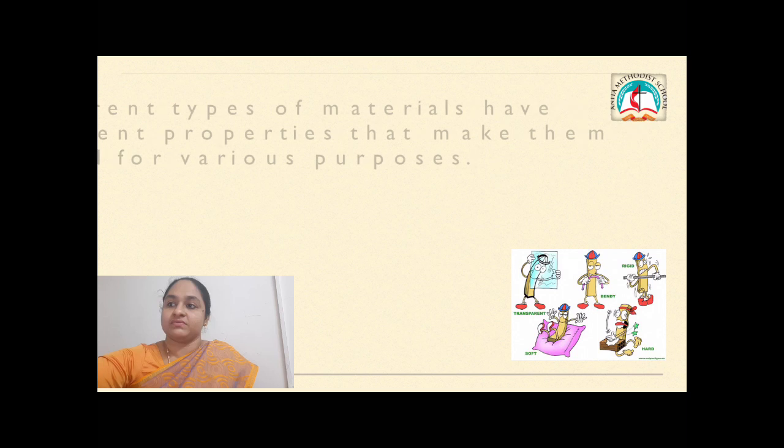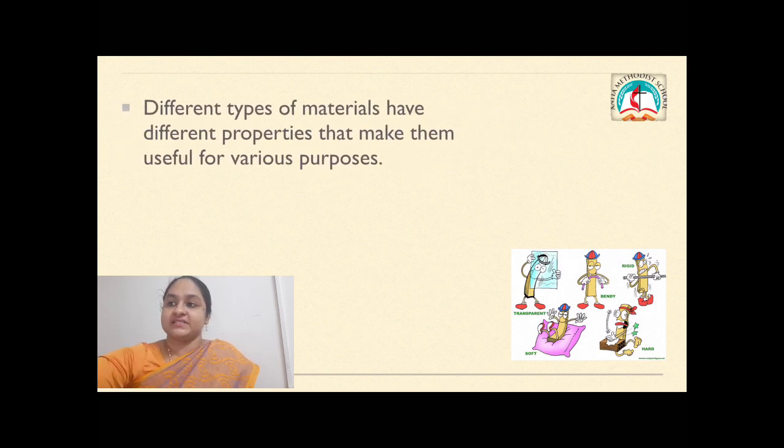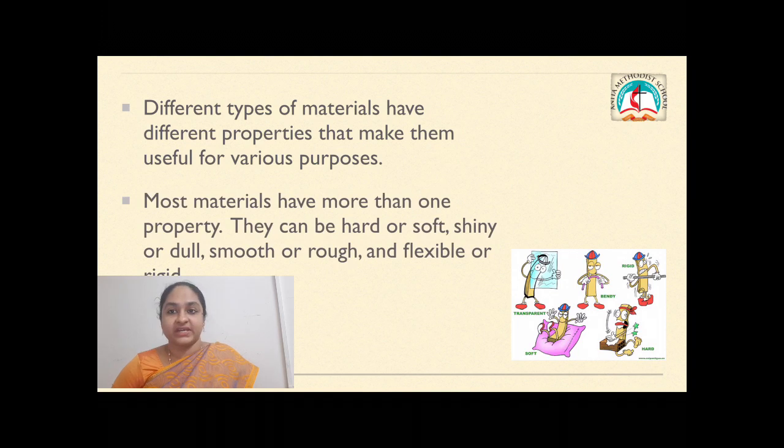So, we learn that different types of materials have different properties that make them useful for various purposes. And we also learn that most materials have more than one property.